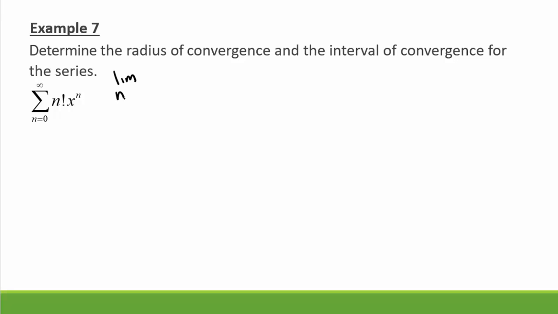So I take my limit as n goes to infinity of n plus 1 factorial times x to the n plus 1 all over n factorial times x to the n.